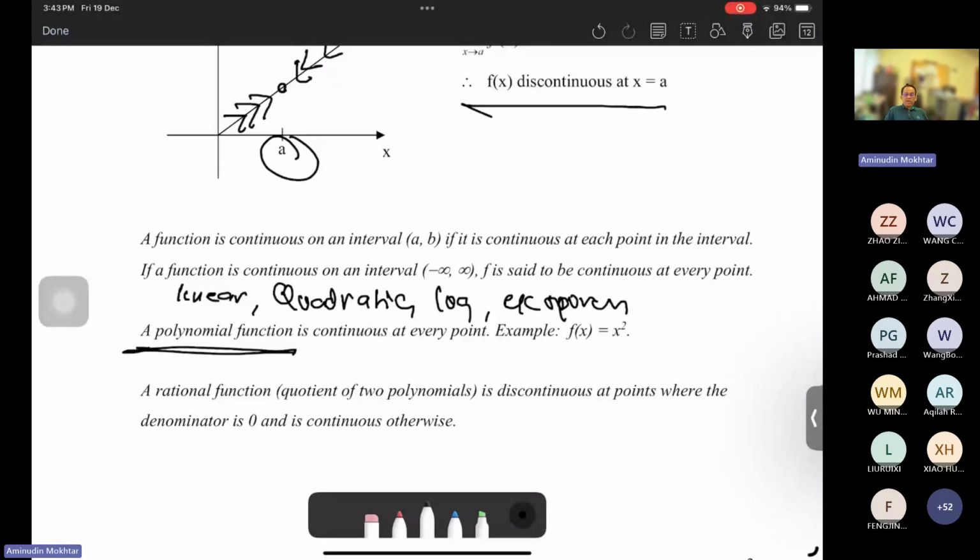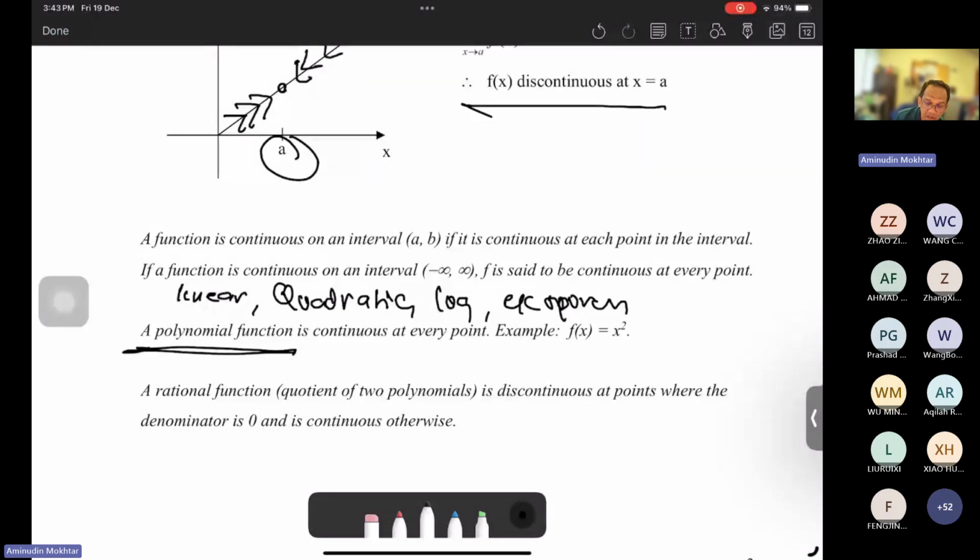Normally, a polynomial function is continuous at every point, unless there is other information showing that the function is discontinuous. In the normal case, all the linear, quadratic, log, and exponent are continuous at every point. You can check later whether this statement is true or not.